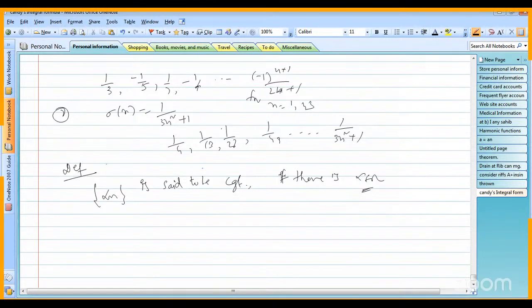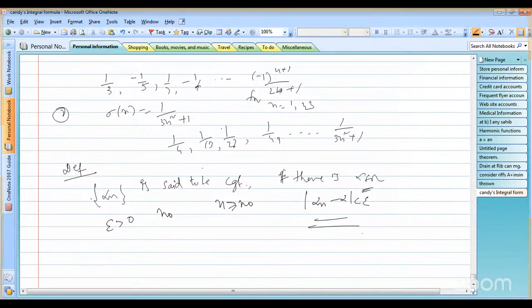For epsilon greater than 0, there is a natural number n naught such that n greater than or equal to n naught, so that modulus of alpha n minus alpha less than epsilon.